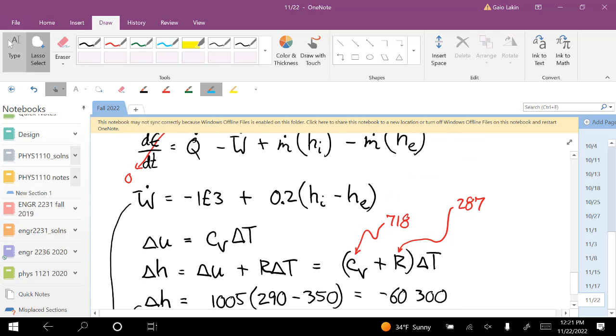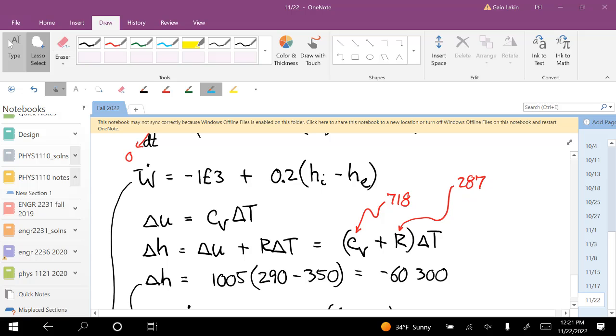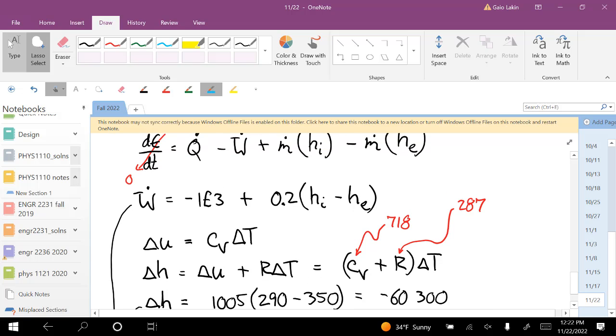I did it backwards. HI minus, so 290 minus 350. So that's negative 60.